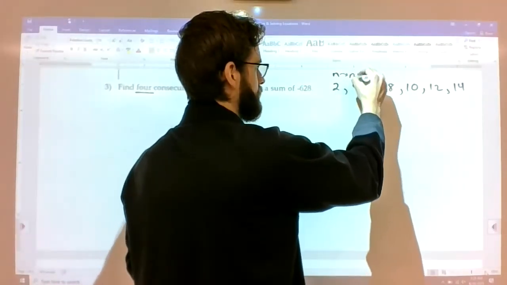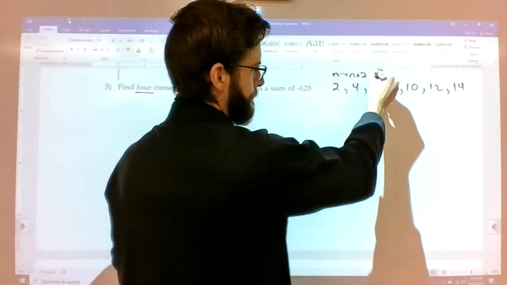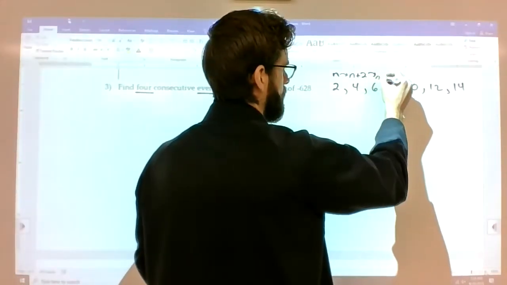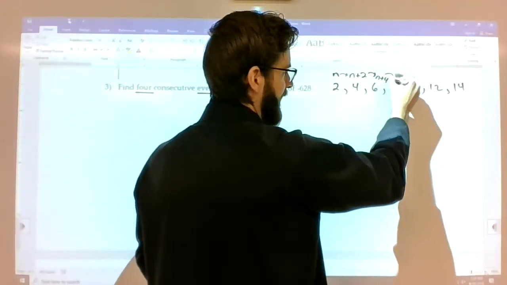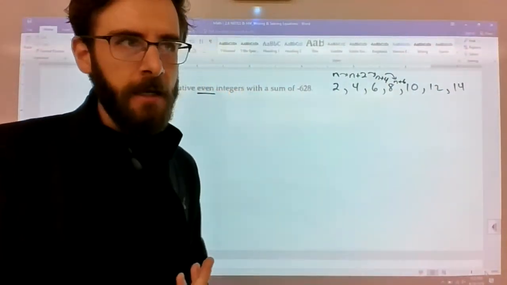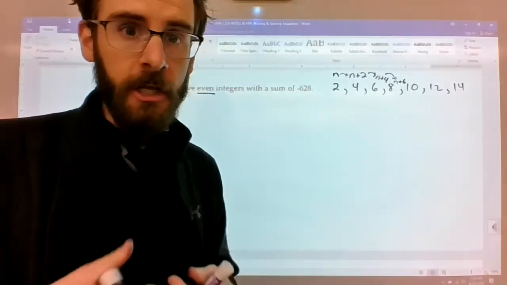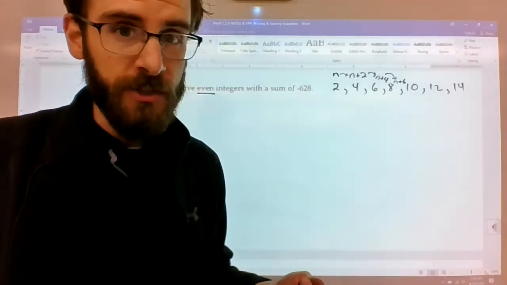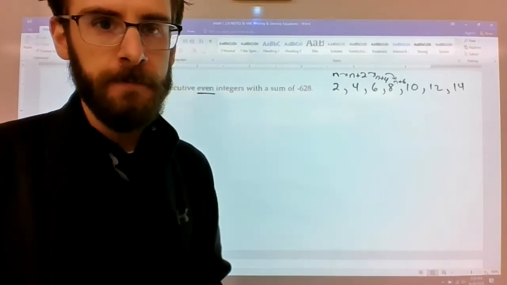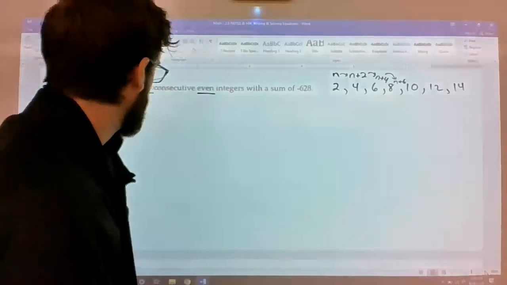How do I get from 4 to 6? I add 2 more. How do I get from 6 to 8? I add 2 more. And it pretty much follows that pattern that if it's an even integer and we're looking at them in succession, you're just adding 2 to the previous one. And it works exactly like the consecutive odd integer problems. So that's helpful. They're both identical.